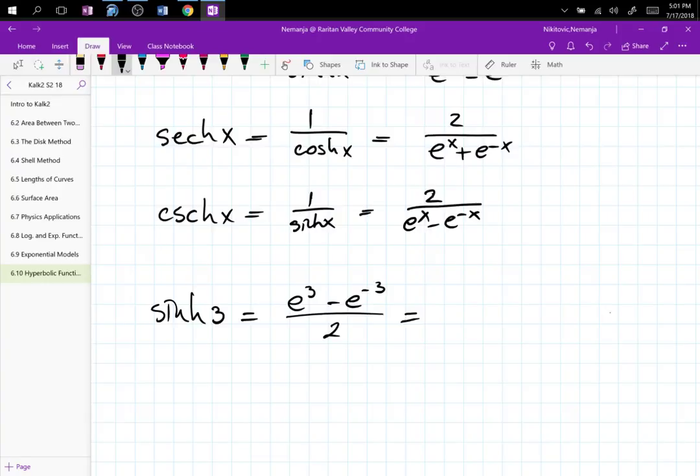So let's take a look at that calculation. We have open parenthesis e cubed minus e to the negative 3 close parenthesis, everything divided by 2. And I have 10.017, so I'm just going to put 10.02. It's good enough.